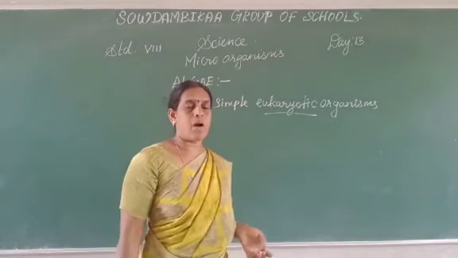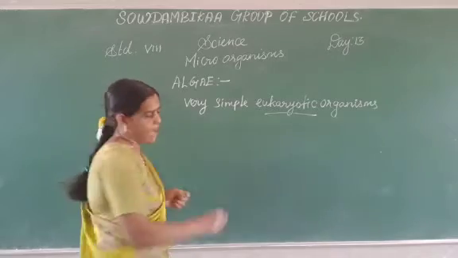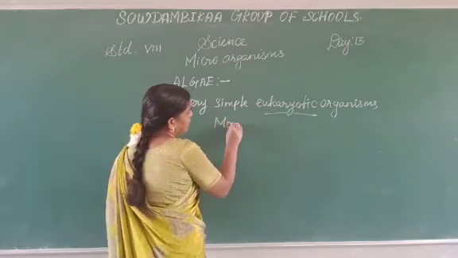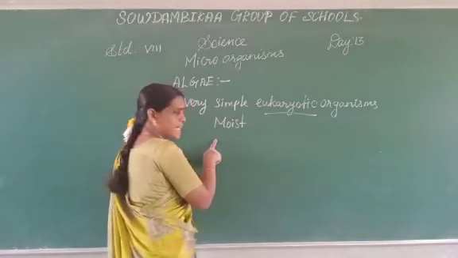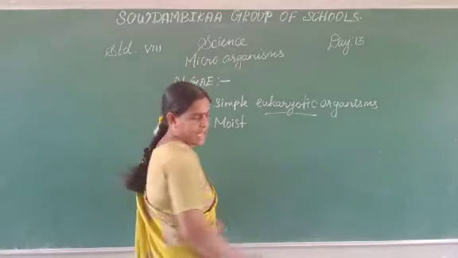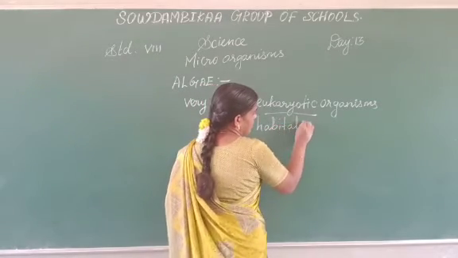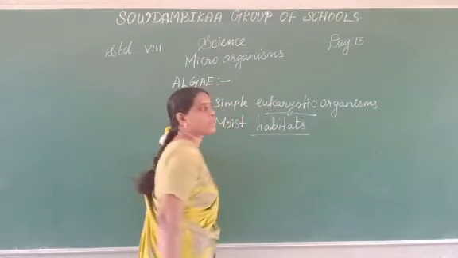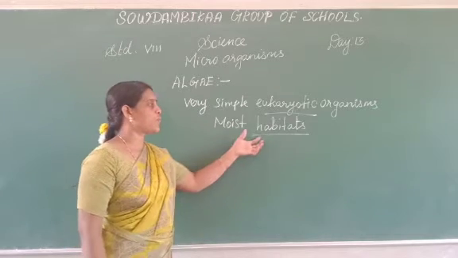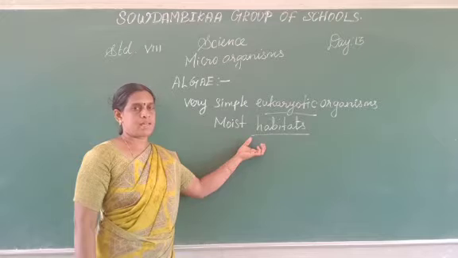The alga are found in moisty habitats. Moisty means wet, some water is there. What does mean by habitats? The place for living organisms.